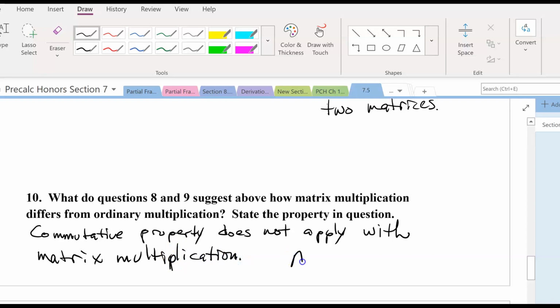Okay, so for example, matrix A times matrix B does not necessarily equal matrix B times matrix A. All right, so that's it for this video.